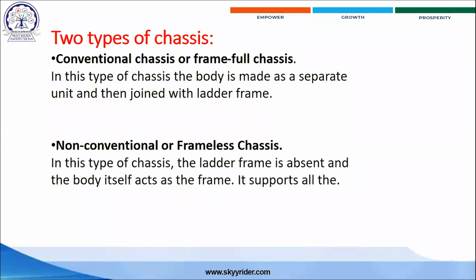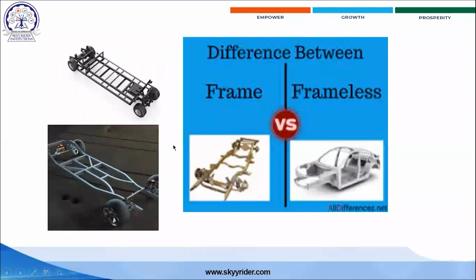Frame-full chassis means your chassis and your body are separate, and the non-conventional frameless means the body itself acts as a frame. Now these are the different chassis: this one is a frame and this one is frameless. Here in the frame chassis there is the ladder type of profile.